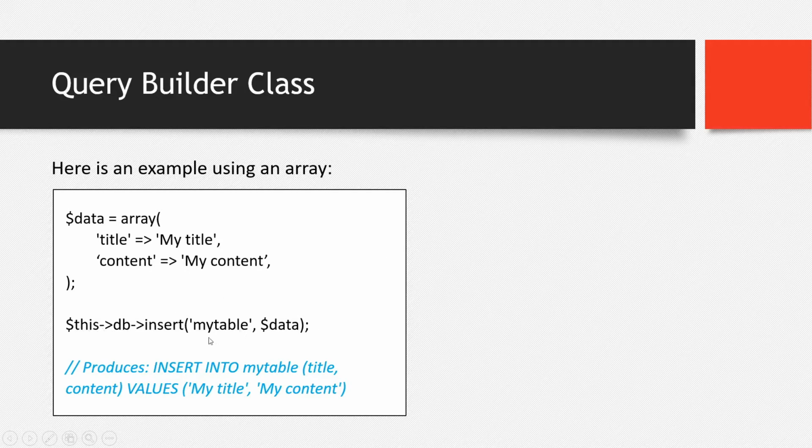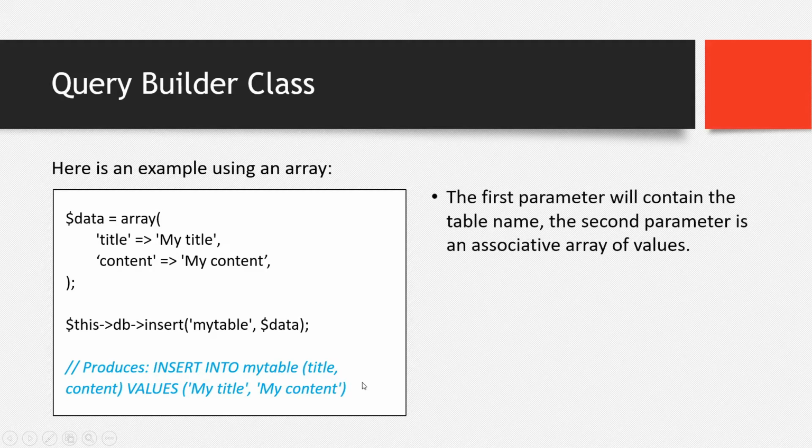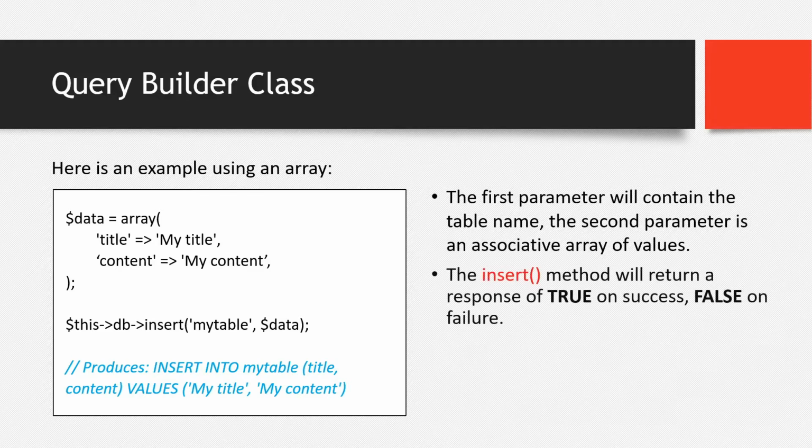So in this line of code, the first parameter will indicate the table name. Then the second will be the data. Then it will produce this kind of query string. Insert into my table based on the table that we have provided here. Then the field name, values equals the values. Okay? So the first parameter will contain the table name. The second parameter is an associative array of values.